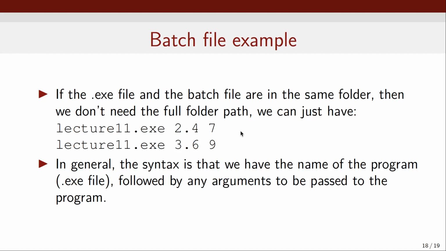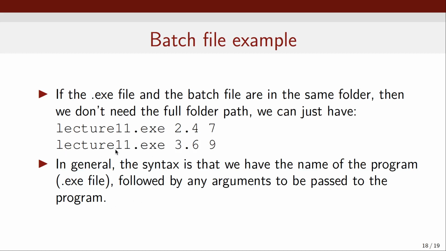Okay, so if the executable file and the batch file are in the same folder, as I described, then we don't need the full folder path. We can just write the name of the executable and then the arguments. In general, the syntax is that we have the name of the program, the exe file, followed by any arguments to be passed to the program.